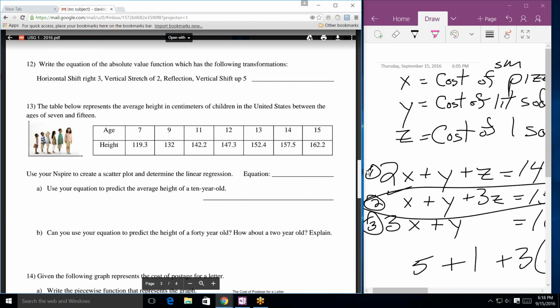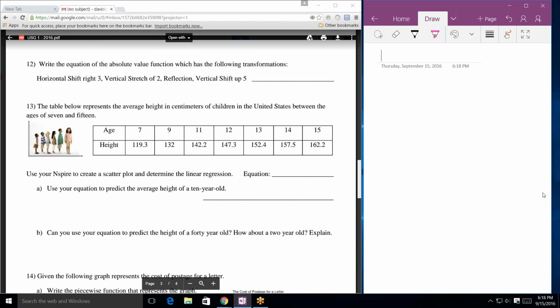All right, let's look at number 12. What's the parent function they're talking about? Y equals what? There's the parent function: y equals absolute value of x.